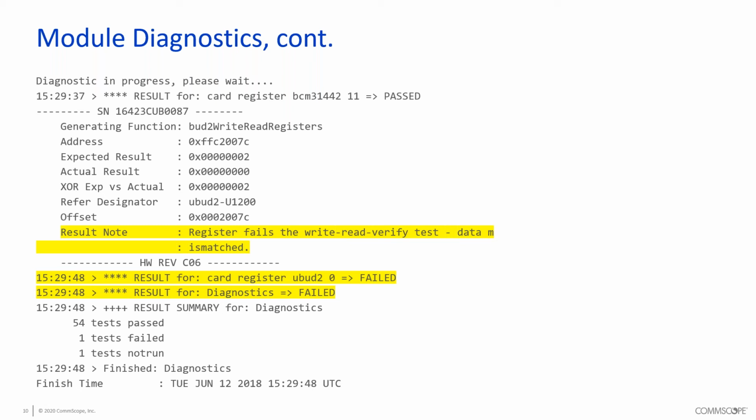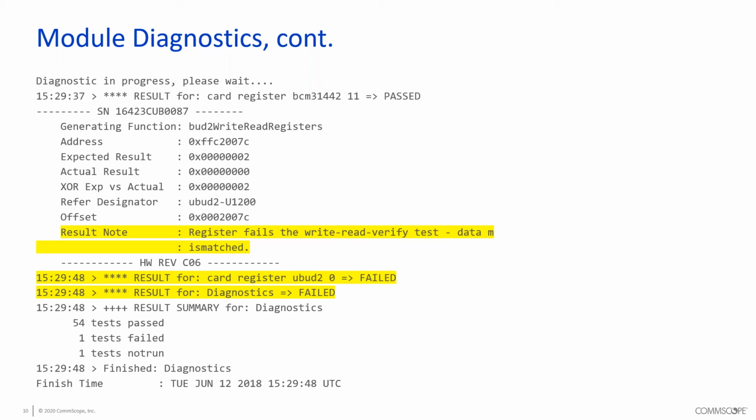We can pass this on to the tech support organization, and that can help them with their diagnosis of your problem. So here we can see this card failed that diagnostic because of a register fail in the read write verify test. So we've had something happen to that particular card.